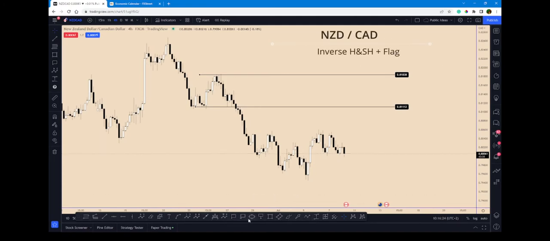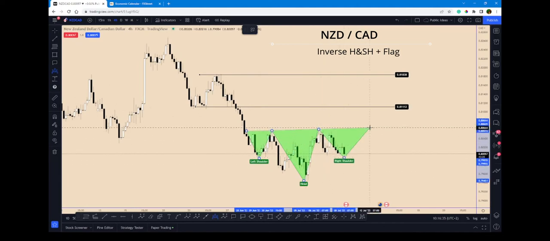As you can see, price is showing different patterns that we can look at here. We are in a potential head and shoulder pattern. This is what the 4-hour time frame is actually showing.